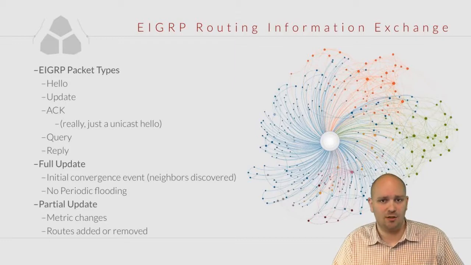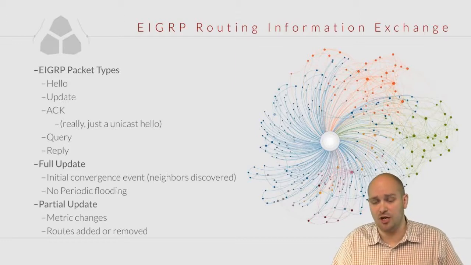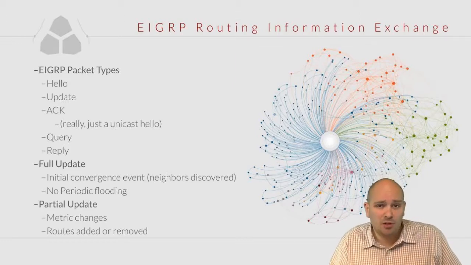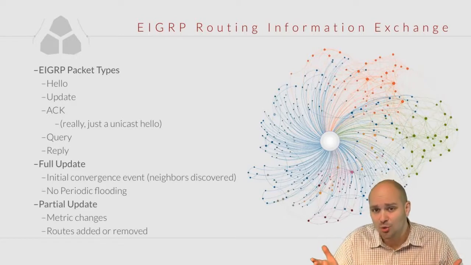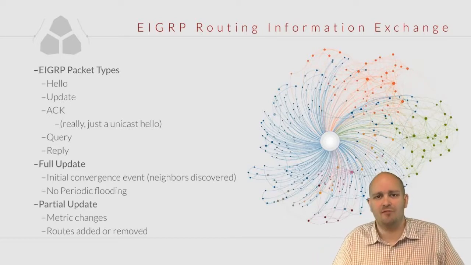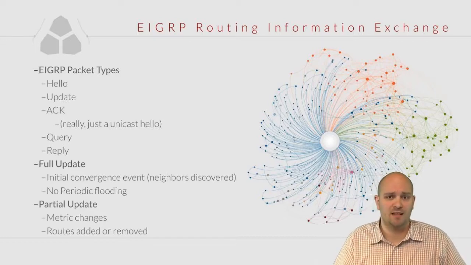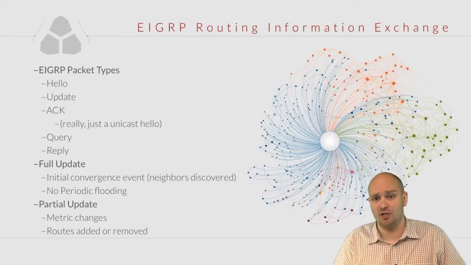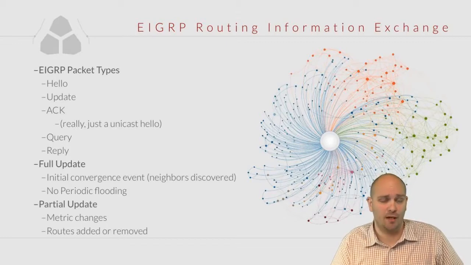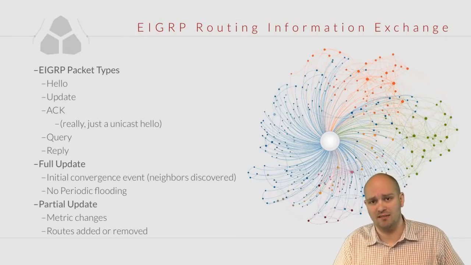This is a process that always happens in EIGRP information exchange, but you as a network engineer, as the end user of the equipment, really have no way to influence how this process happens or modify these timers. These timers are actually dynamically calculated and determined by each individual device.